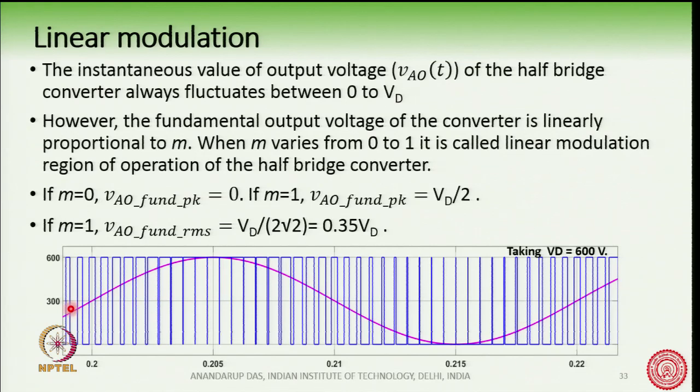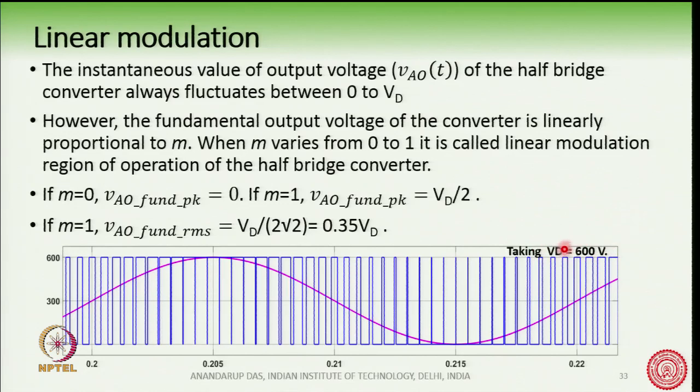The blue curve here is the instantaneous pole voltage, that means VAO(t) with respect to the negative of the DC bus, and we can see that this VAO(t) is varying between 0 and 600, where Vd is taken as 600, as I have shown it here.